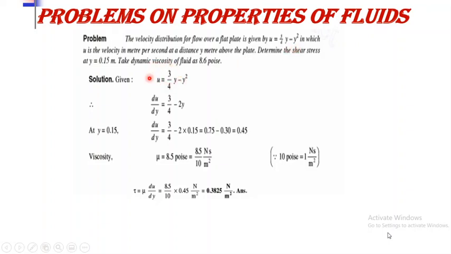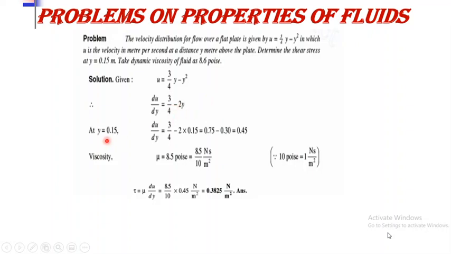So for calculating the du by dy we have to differentiate the equation of velocity with respect to y, means du by dy is equal to differentiation of this 3 by 4 y with respect to y is 3 by 4, and again differentiation of this y square with respect to y is 2y. So we get the value of du by dy directly here, that is 3 by 4 minus 2y, which is called as the rate of shear strain.